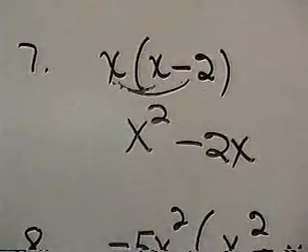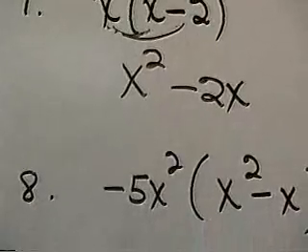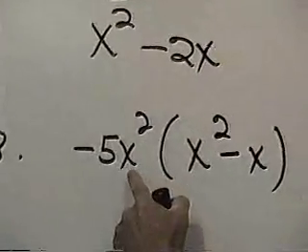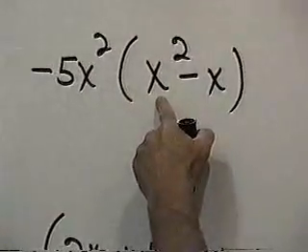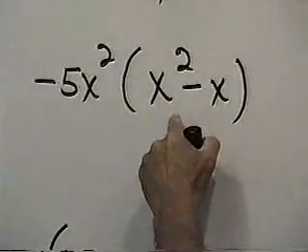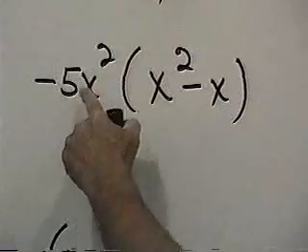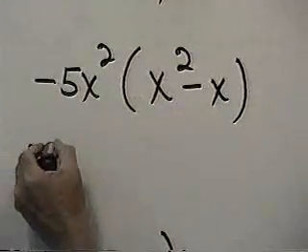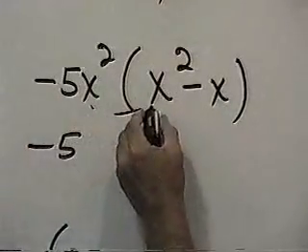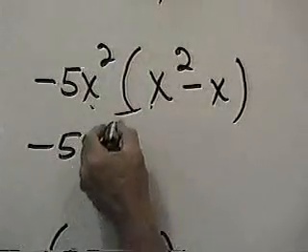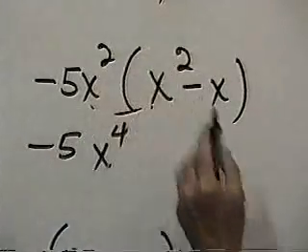All right, number 8. To remove parentheses, you multiply everything inside by what's out in front, okay? So what is minus 5 times a 1? That's a minus 5. What is x squared times x squared? That's x to the 4th. There are 4 of them.